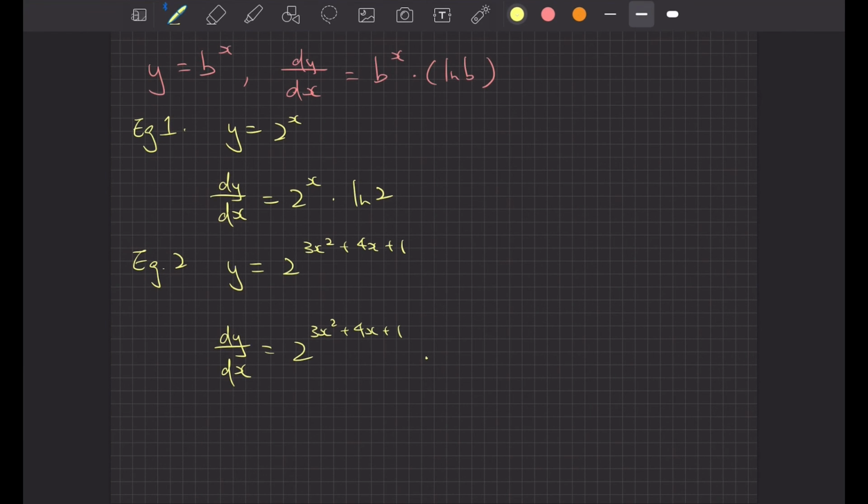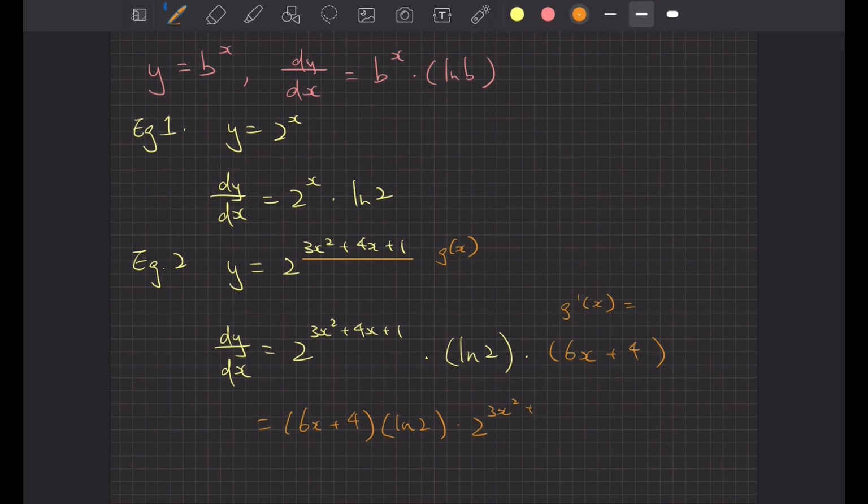Then we multiply it by natural log of 2, and let's see the g(x). g(x) is 3x squared plus 4x plus 1, so g'(x) is equal to 6x plus 4. So the answer would be (6x plus 4) times the natural log of 2 times 2 to the power of 3x squared plus 4x plus 1.